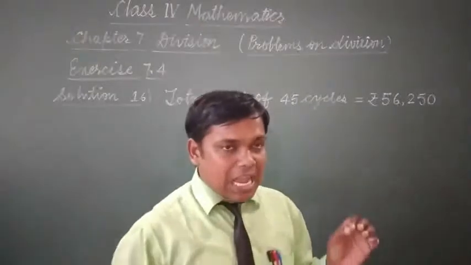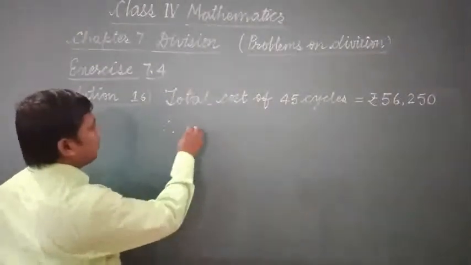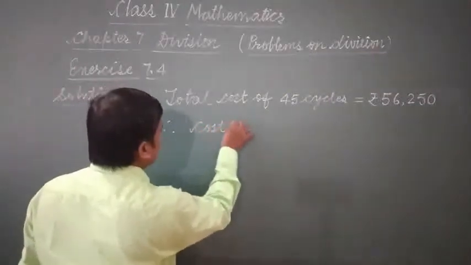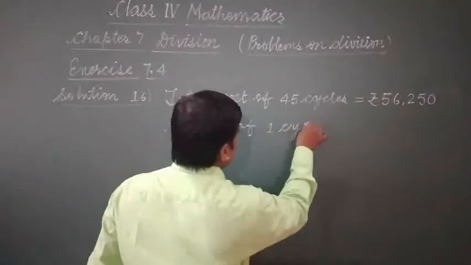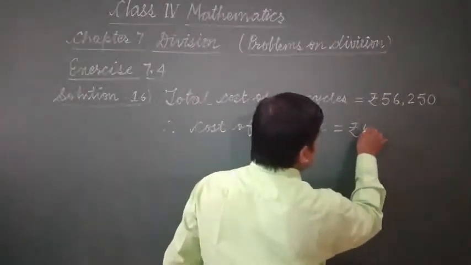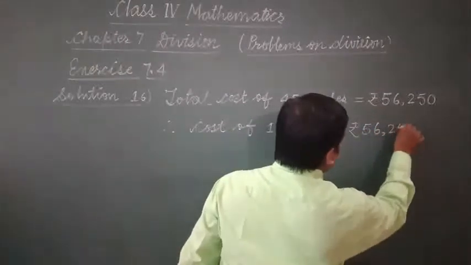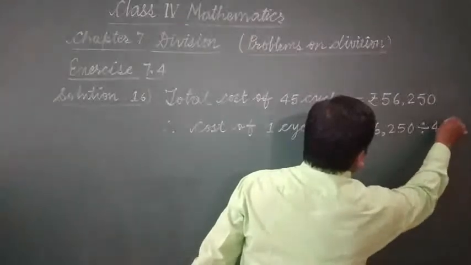And therefore, cost of one cycle is equal to rupees 56,250 divided by 45.